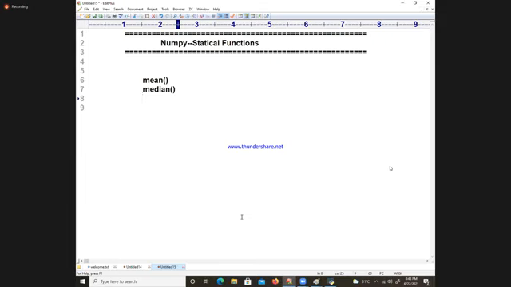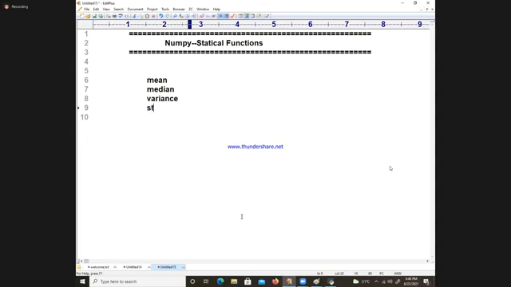Next, we used to deal with variance, another type of operation. Mean operation, median operation, variance operation. Mode operation is also there. Next is variance, and next is standard deviation.